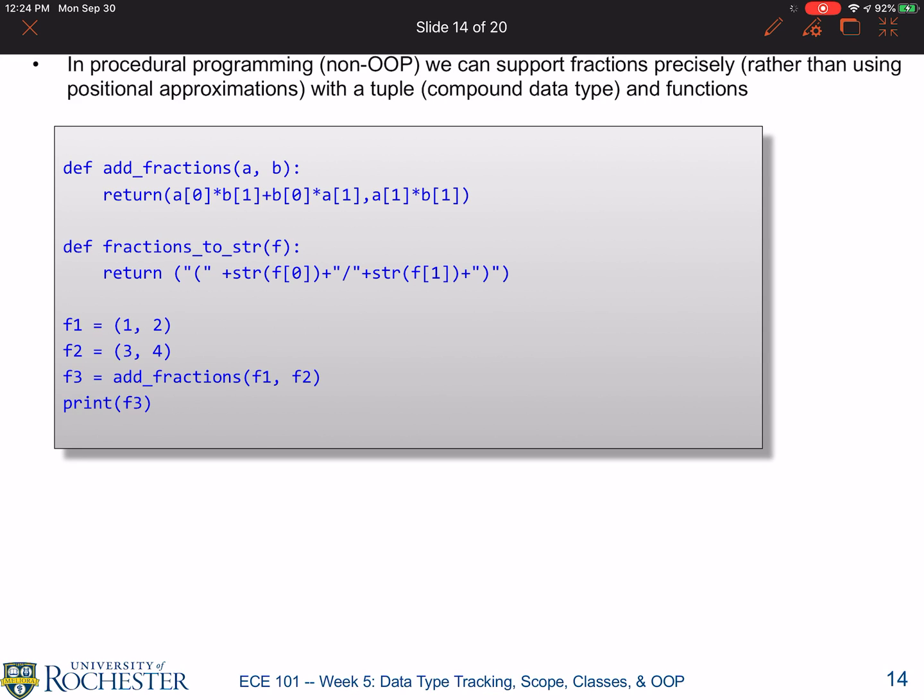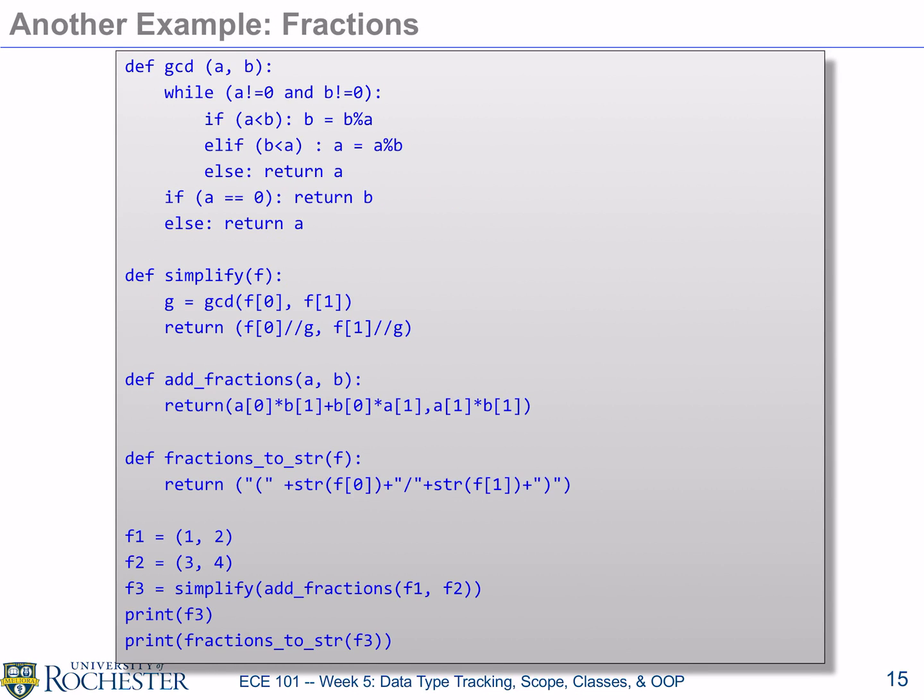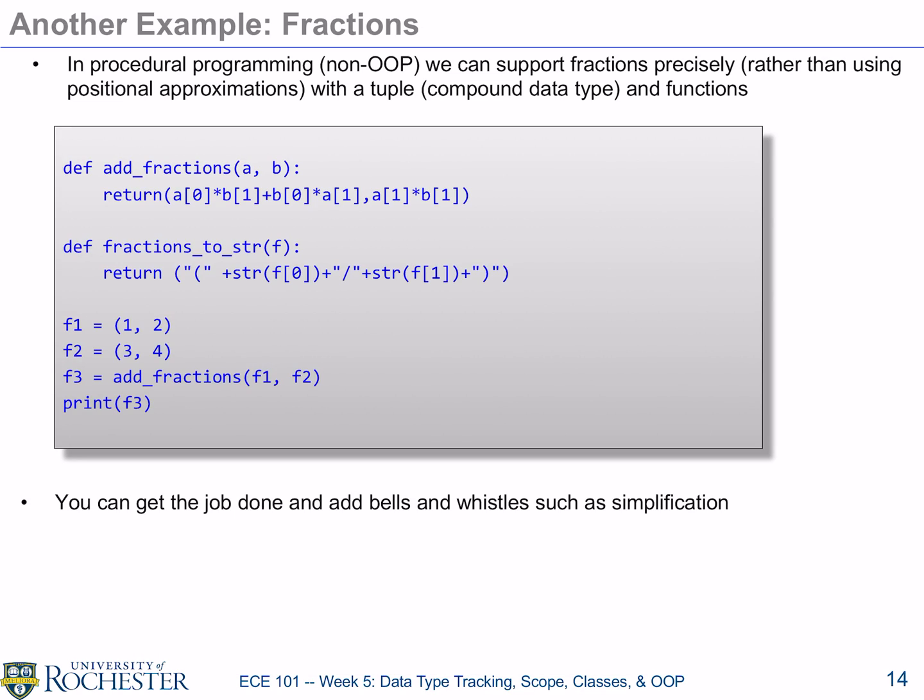Now let's look at another example, which is fractions. If we have a positional data representation with a point, we can approximate a lot of numbers with great precision, but we cannot represent something completely precisely if the fraction's denominator has factors other than 2 in binary.